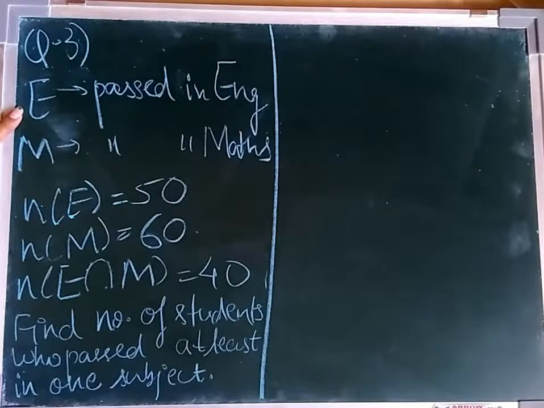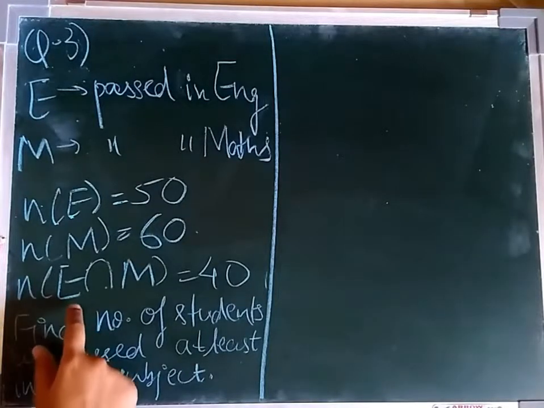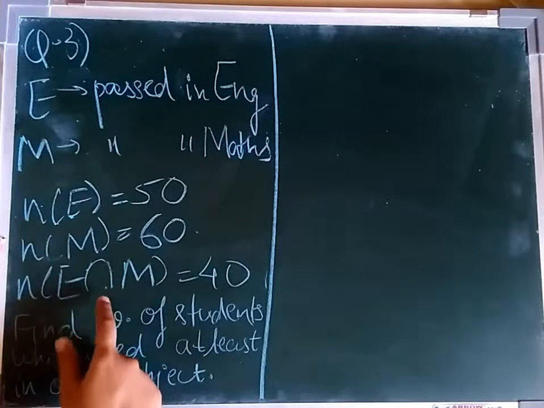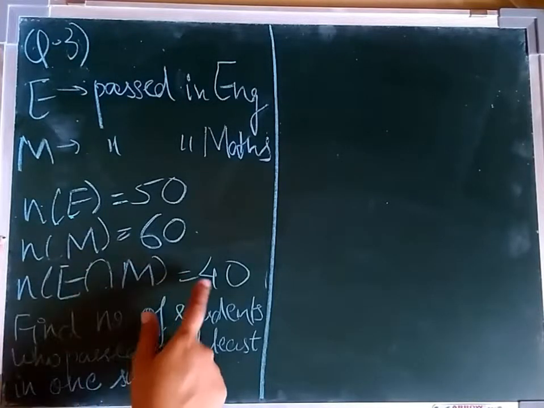So by the question, N of E, that is the number of students who passed in English, is 50 and the number of students who passed in Maths is 60. And they have also given that 40 students passed in both the subjects. That means E intersection M, that means passed in English as well as in Maths. The number of such students is 40.